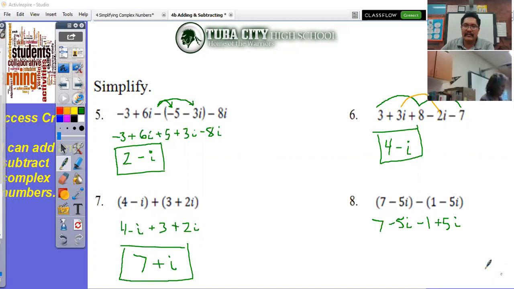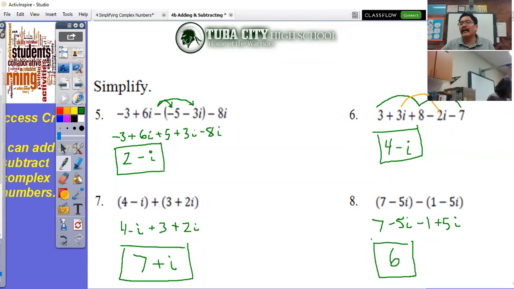So 7 minus 1 is 6. But if I look at the imaginary parts, 5i minus 5i, we have 0i now, it's gone. Since it has 0, I don't need to mention it. If I didn't see a bird today, I don't even need to bring it up. So this complex number became a real number.